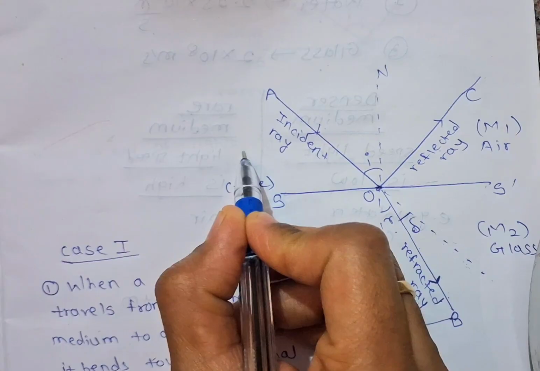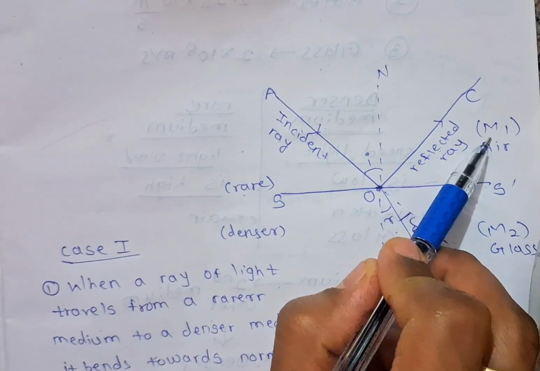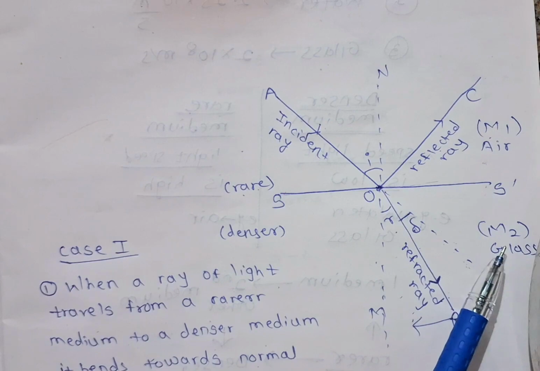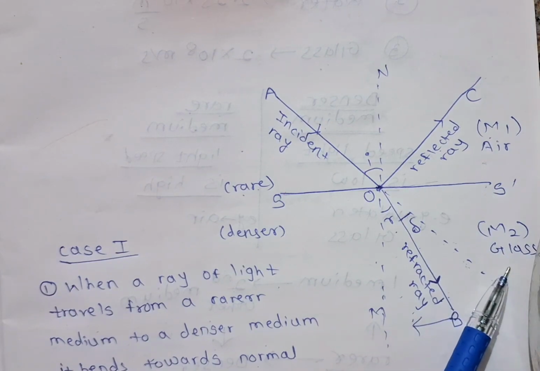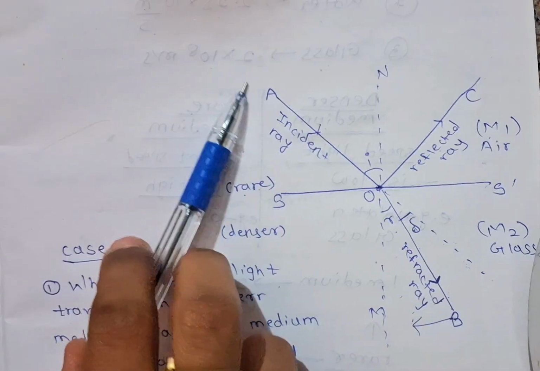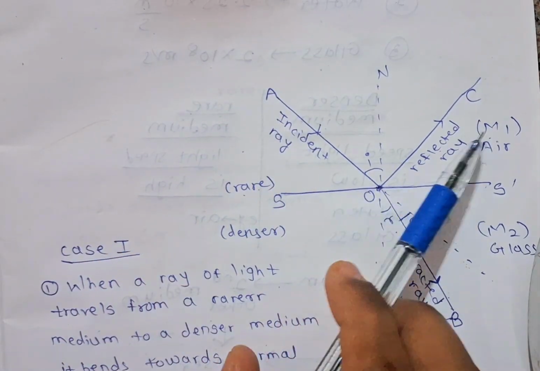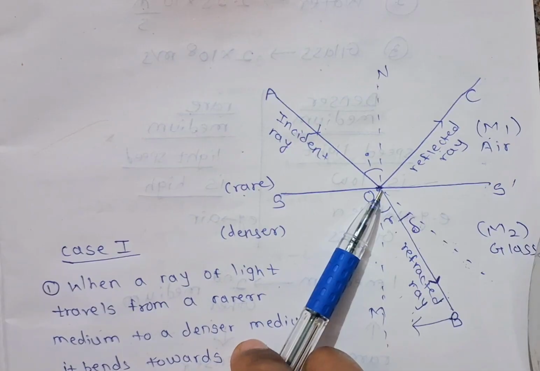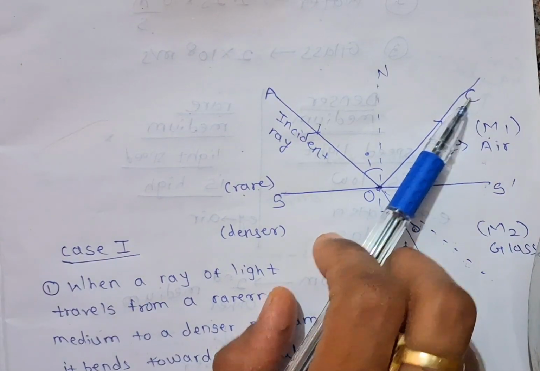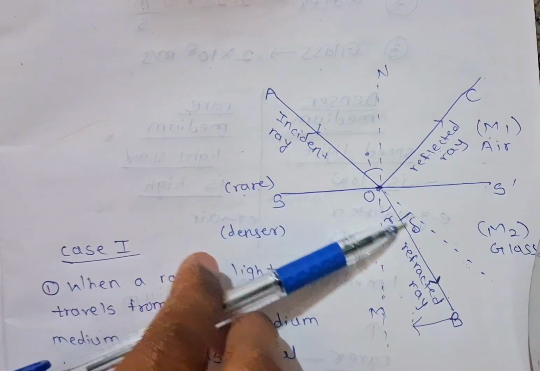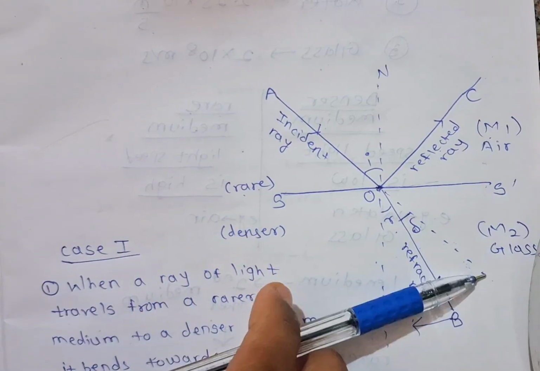This is medium 1, M1, which we have taken as air, and this is medium 2, M2, the glass medium. So light comes in like this in the air medium, M1. It strikes, some part of the light is reflected and some travels into the M2 medium, another medium.